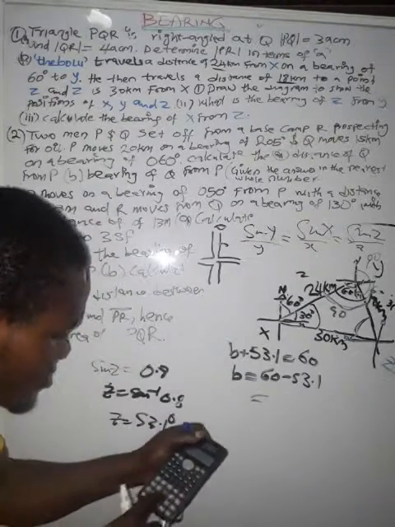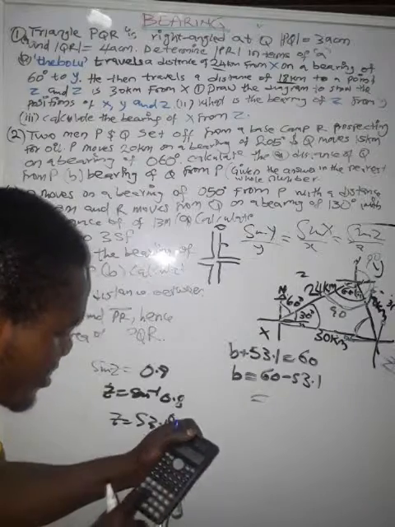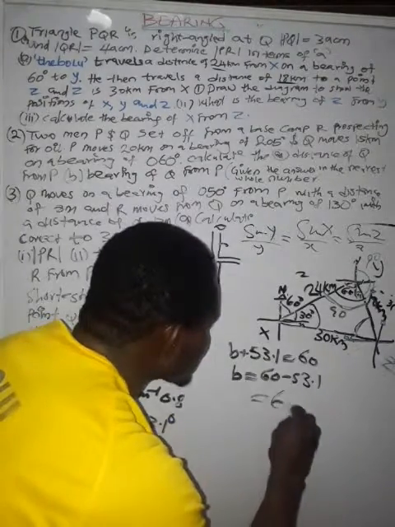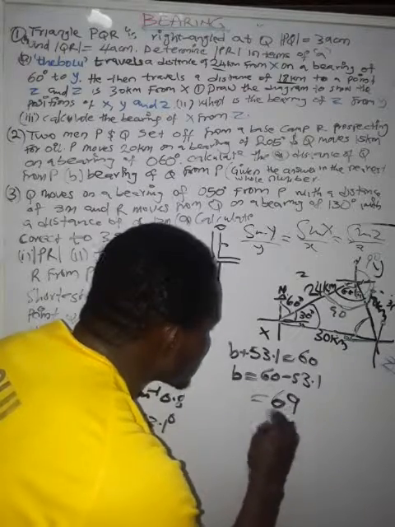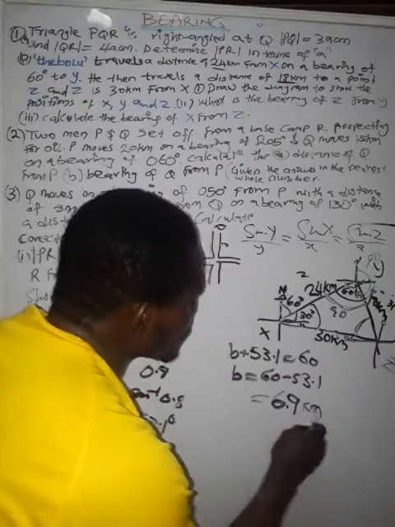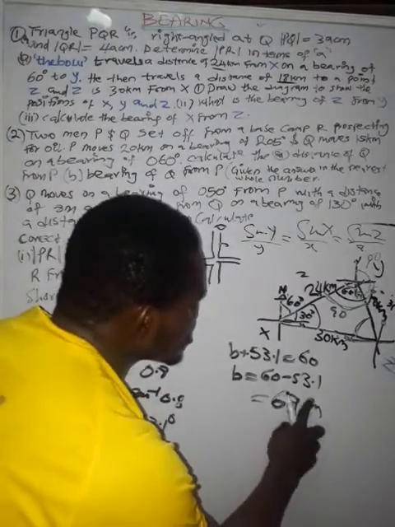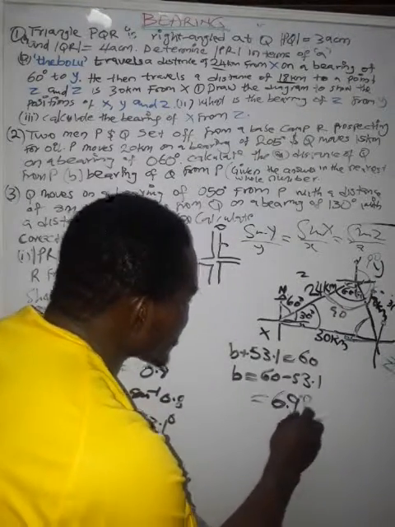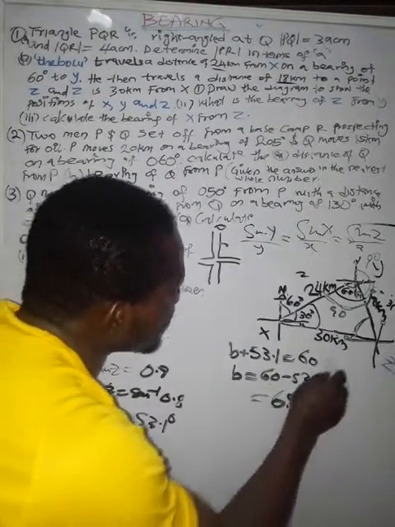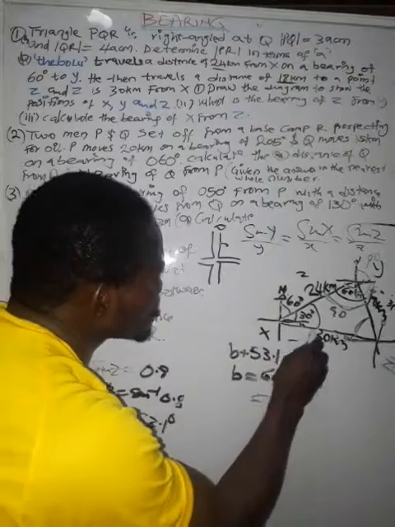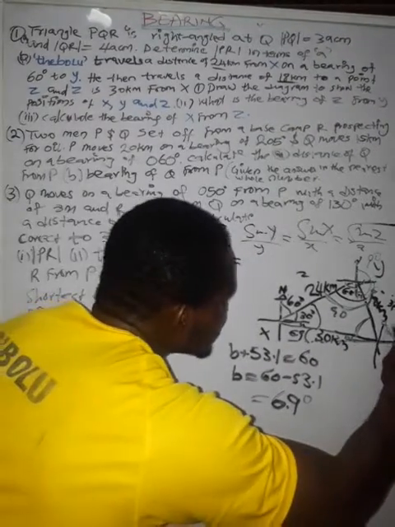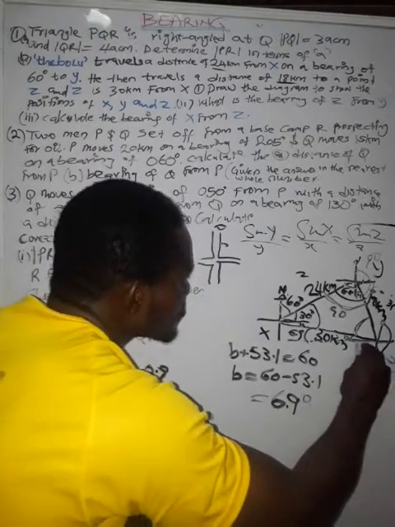Let me just press the calculator. 60 minus 53.1, so I have 6.9 degrees. Now, since I already know this small part is 6.9, I can add from here up to this place.